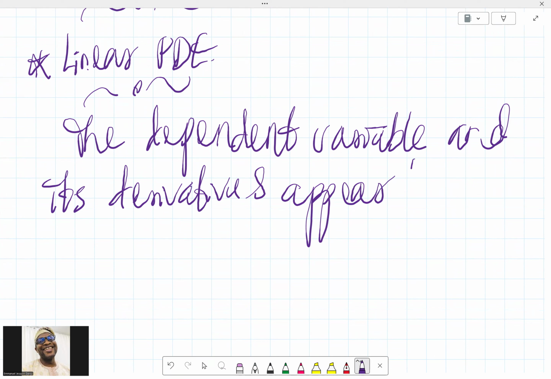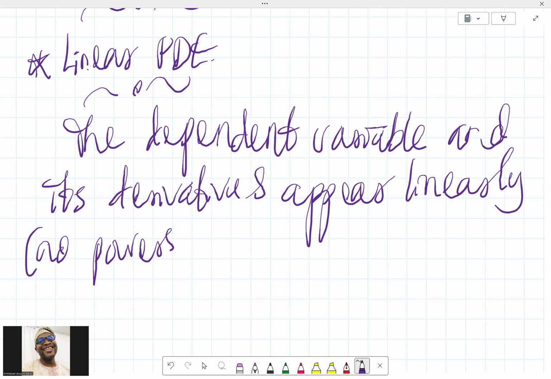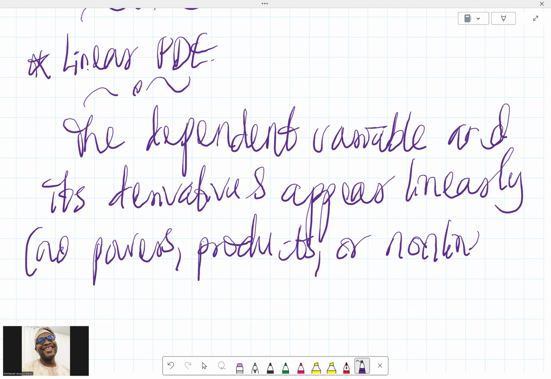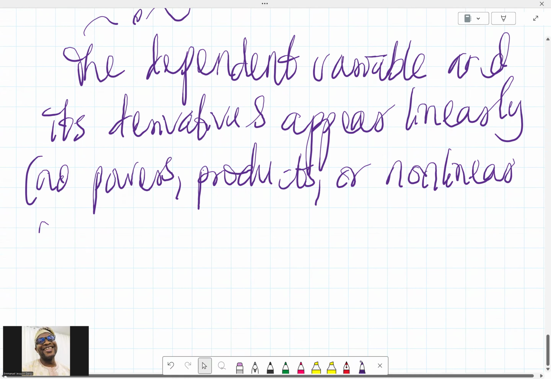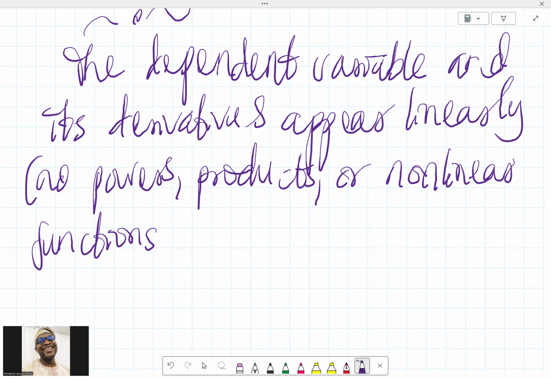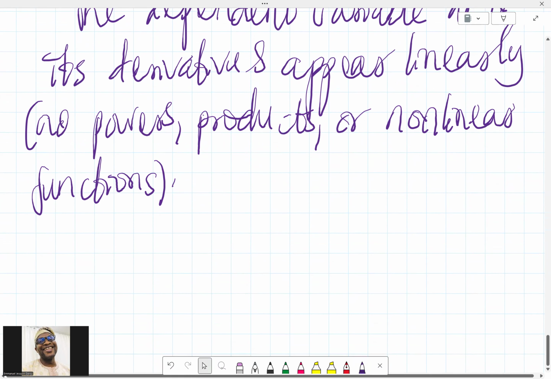So that means they don't have powers, and there are no products, no powers, or nonlinear functions. Meaning that the power of the derivatives will be 1, and they are not multiplied by any other derivatives.